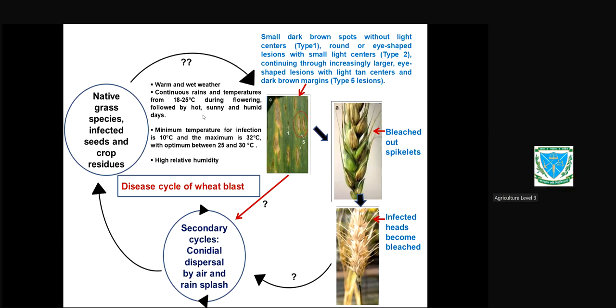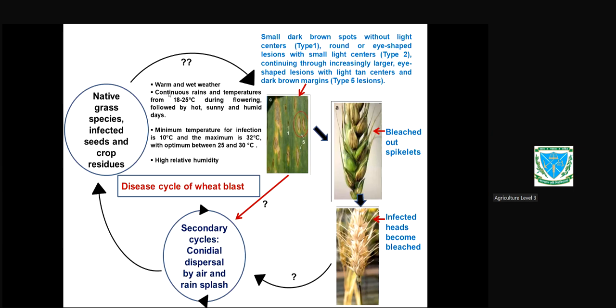Once the pathogen produces spores, they fall on the leaf surface, and on the leaf surface they produce the lesions, as I mentioned earlier, type 1, type 2, and type 5 in these drawings.